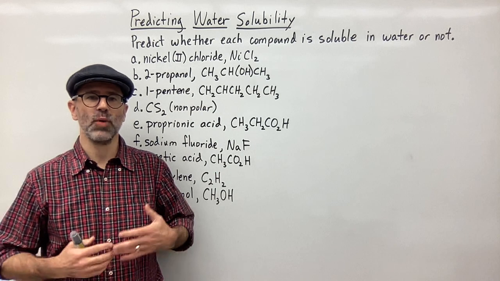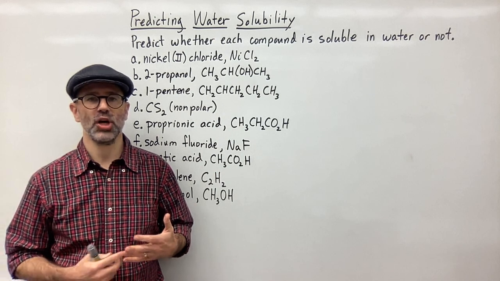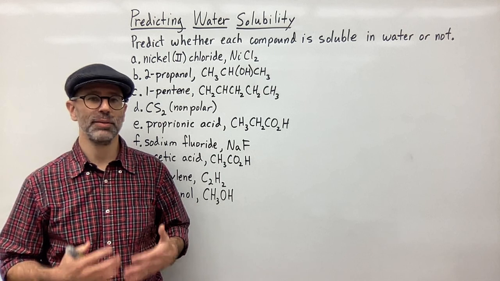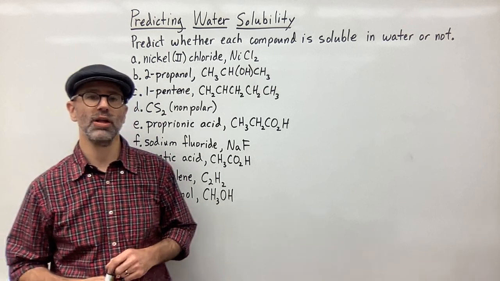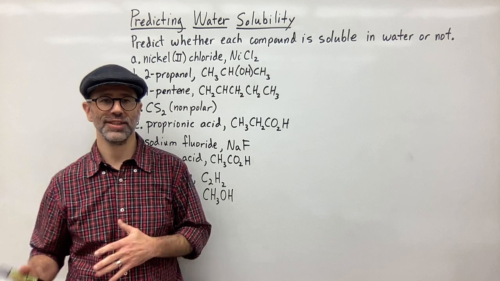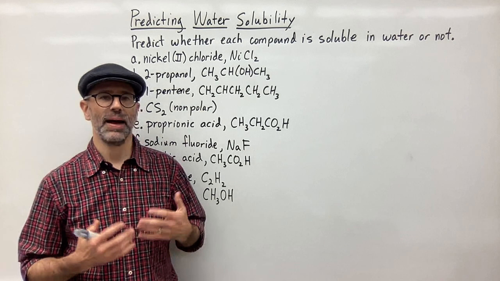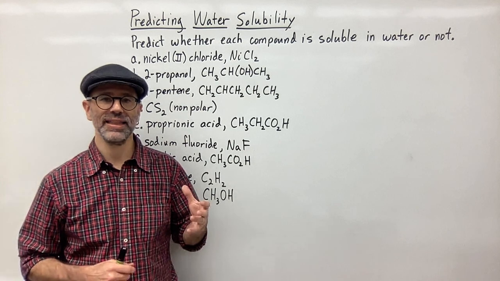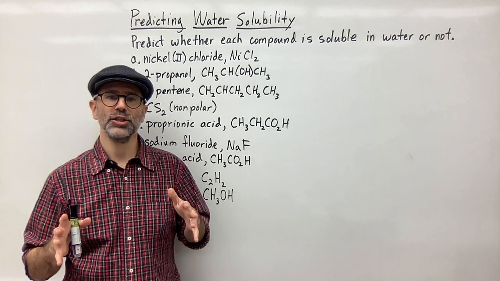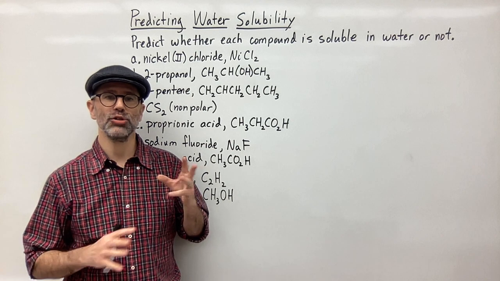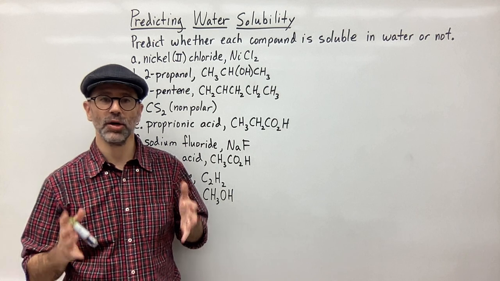A large part in predicting the solubility of a substance in water is going to be using the rule of like dissolves like. And what does that mean? That is referring to the similarity in the attractive forces between the particles.